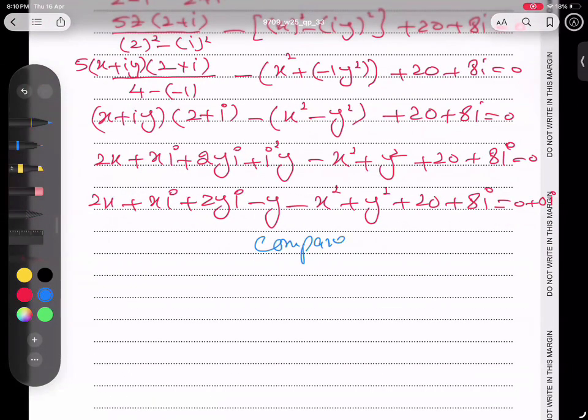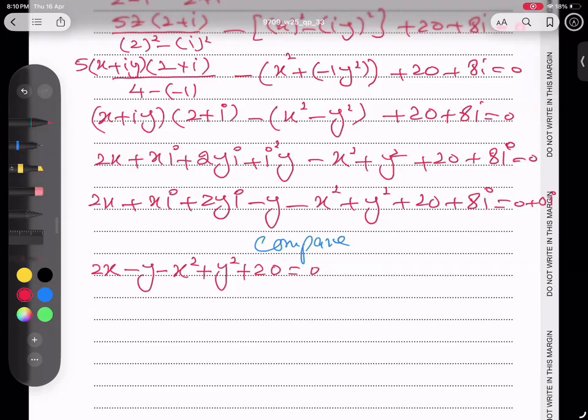So when I'm going to compare, what is the way of comparison? Comparison technique is what, students? I will get here two equations. So first is real part. Real part means without iota. So this is called real. So I'm writing now 2x minus y minus x square plus y square plus 20 is equal to 0.